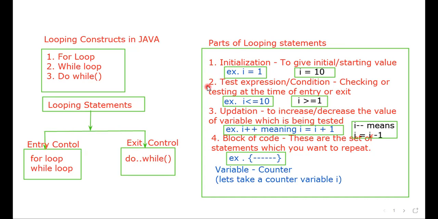Then number two, test expression or condition, which means checking or testing, like if I is greater than or smaller than, etc. Then three is the updation, which means to increase or to decrease the value to the last extent. Then fourth is the block of code. That means the set of statements which you want to repeat, like how many times you have to repeat, etc.